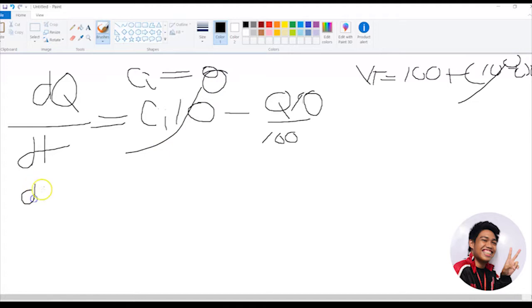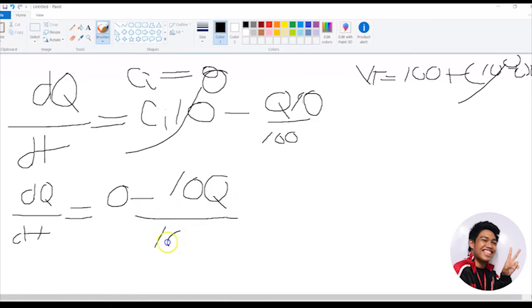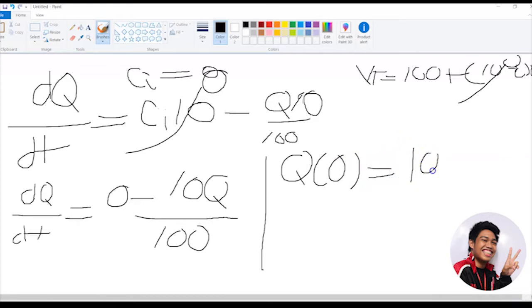Hence, our differential equation is equal to 0 minus 10 Q all over 100. For our initial conditions, we know that at time equal to 0, the amount of salt in the tank is 10 kilograms.